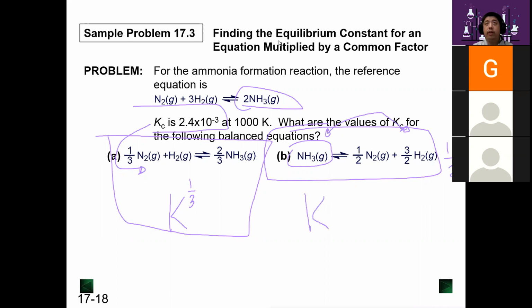So not only are we writing, let me go ahead and just clear something real quick. Okay, so not only are we writing this to the 1/2 power, this entire thing is 1/. Does that make sense?